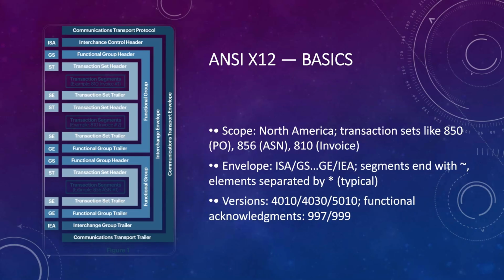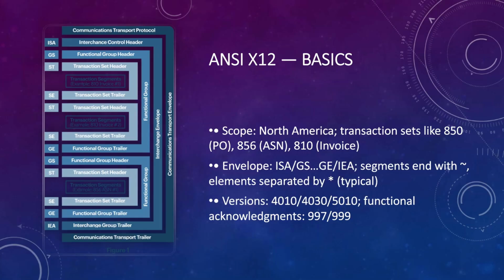Next, we have X12. X12 is primarily used in North America, especially in the United States. It uses numeric transaction sets like 850 for purchase order, 856 for advance ship notices, and 810 for invoices. The envelope structure is different from EDIFACT and includes segments like ISA, GS, GE, and IEA.